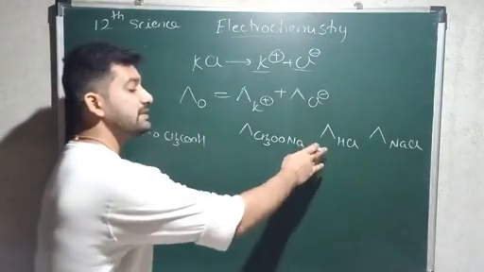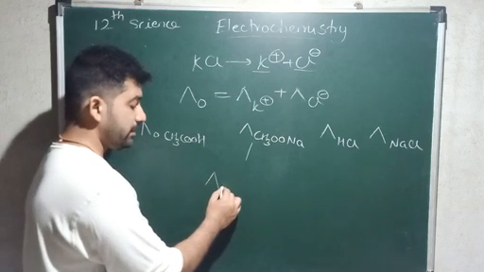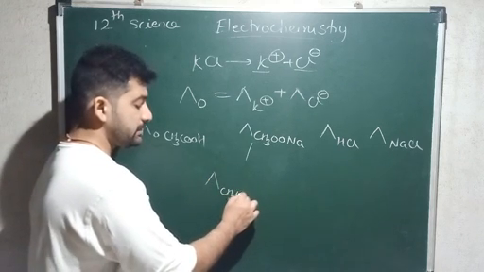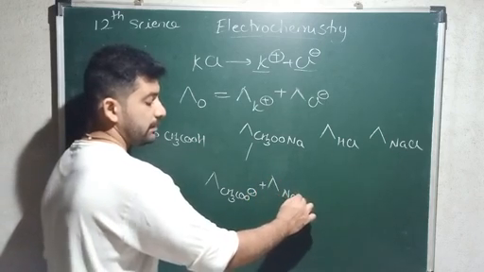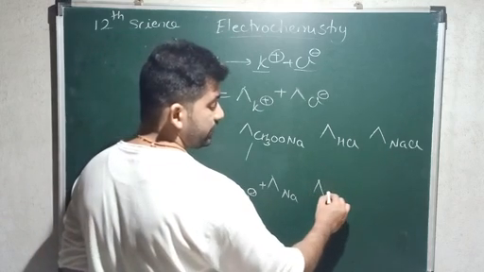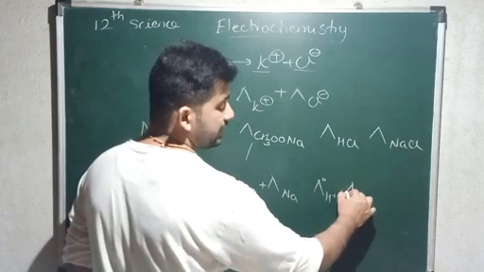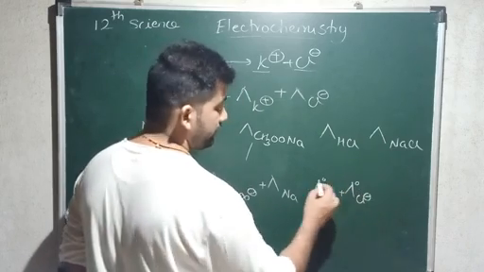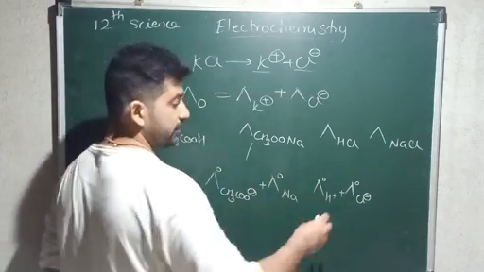By rearranging these electrolytes with each other, we can write this as lambda CH3COO minus plus Na. This can be written as molar conductivity at infinite dilution for H plus, and this can be written as molar conductivity of Cl minus at infinite dilution.